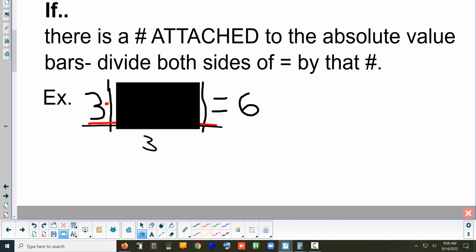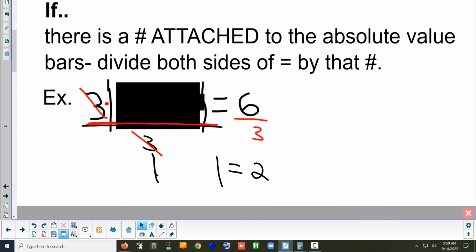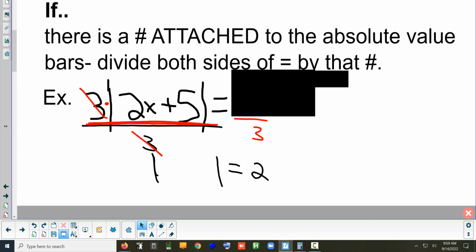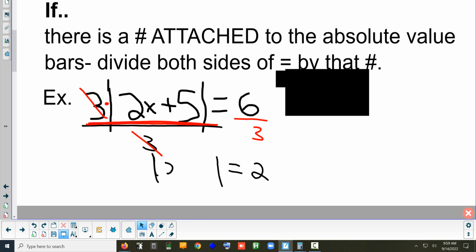So I'm going to divide each side by 3. That's gone. Divide that by 3. So on the right side, what's 6 divided by 3? 2. And on the left side, all I have now is my absolute value. Now I need to know what was inside it. It was 2x plus 5.